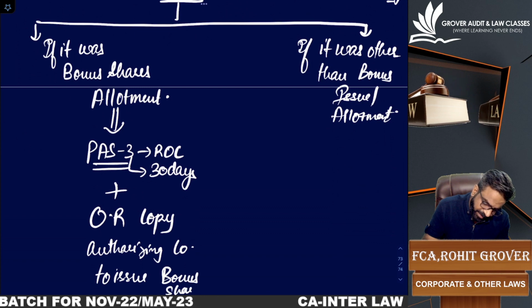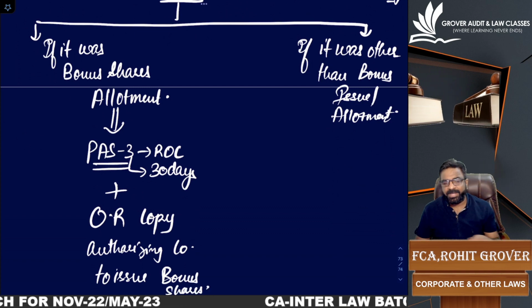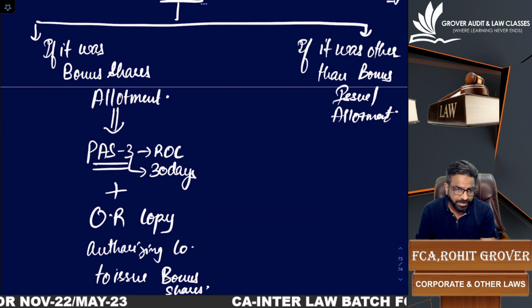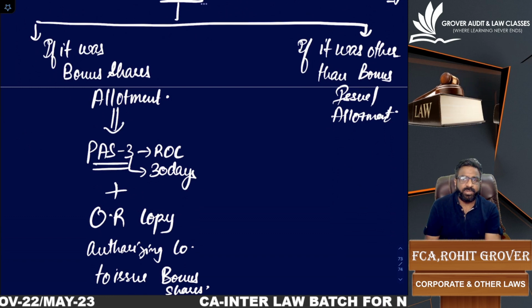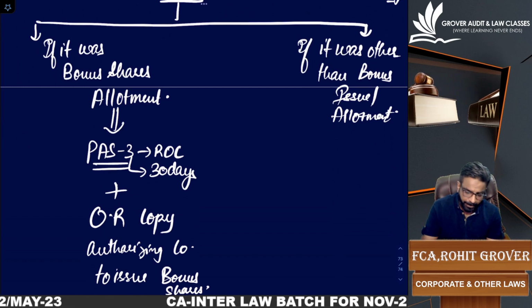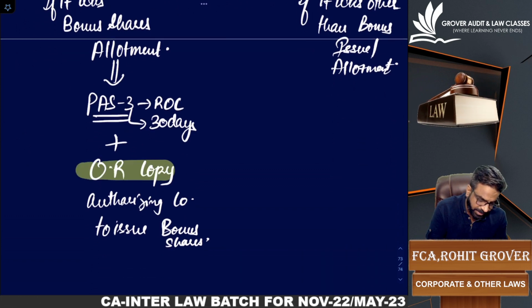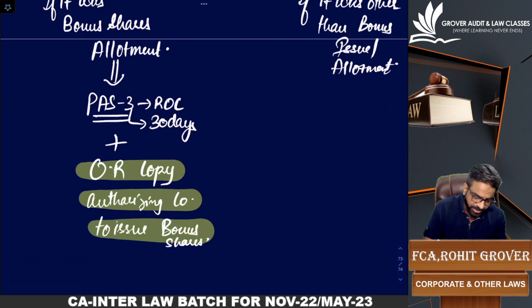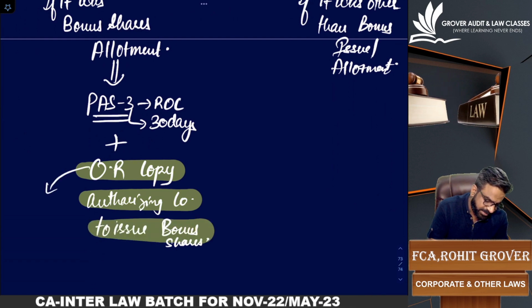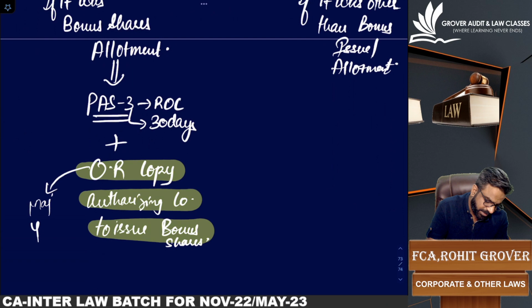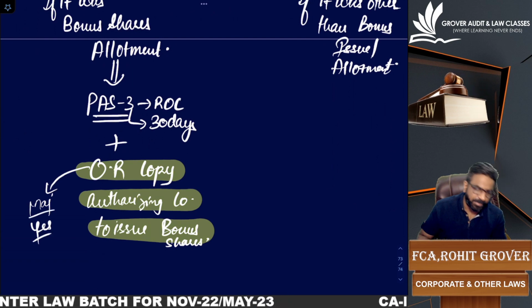So remember, whenever we issue bonus shares, the company has to pass an ordinary resolution. And what do we mean by ordinary resolution? Majority, yes.